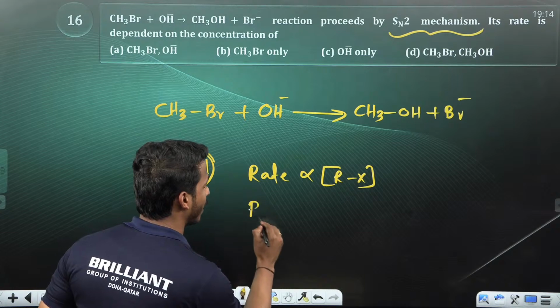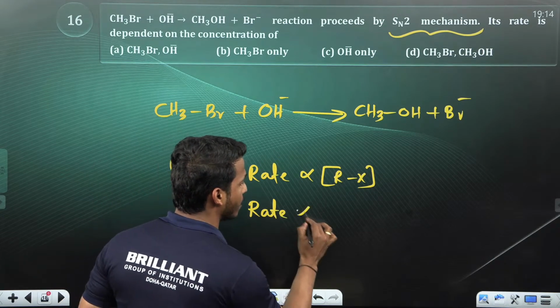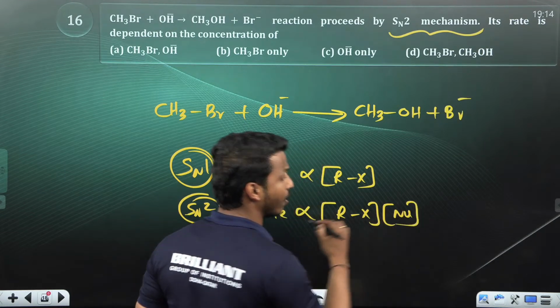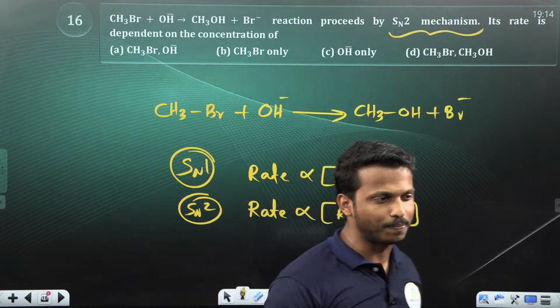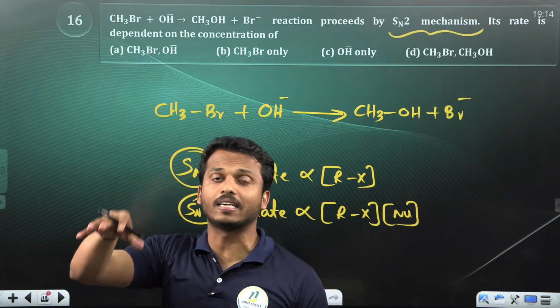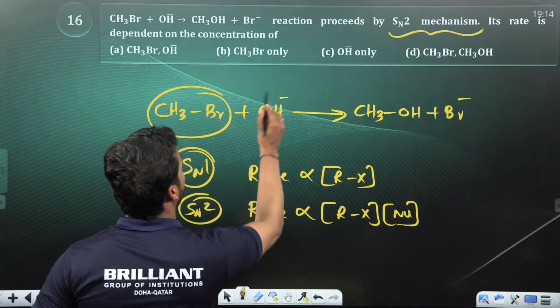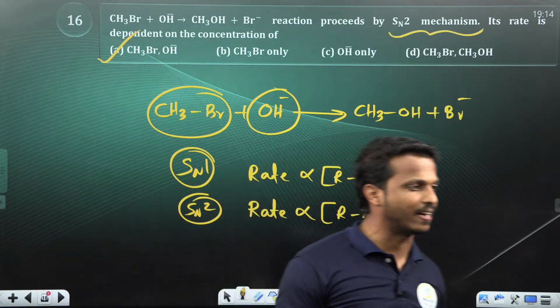Whereas in SN2 mechanism, rate depends on both haloalkane and nucleophile. Therefore, it is called bimolecular. So in SN2 mechanism, the rate depends on both the haloalkane and nucleophile. That's option A is the correct answer.